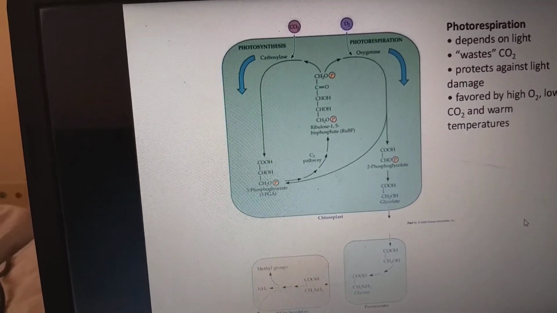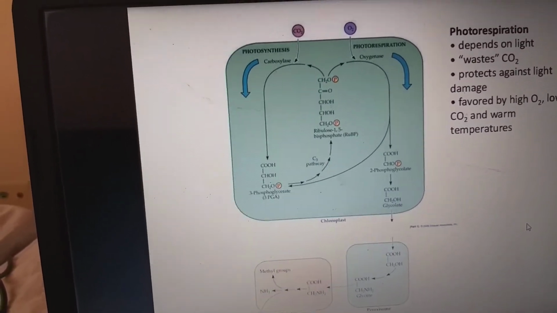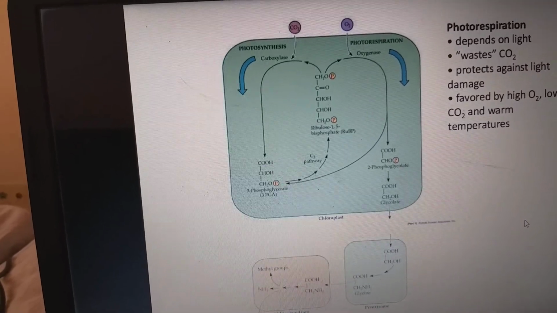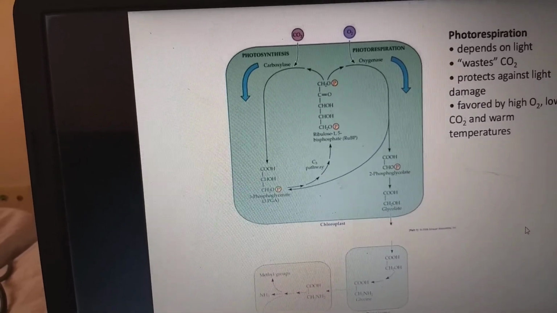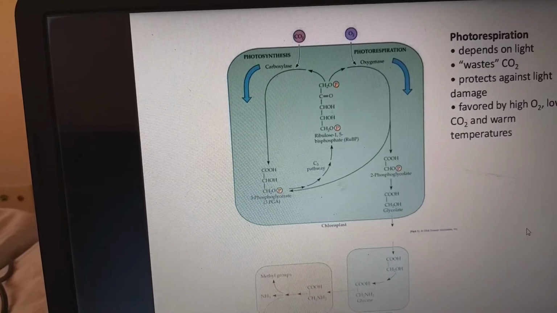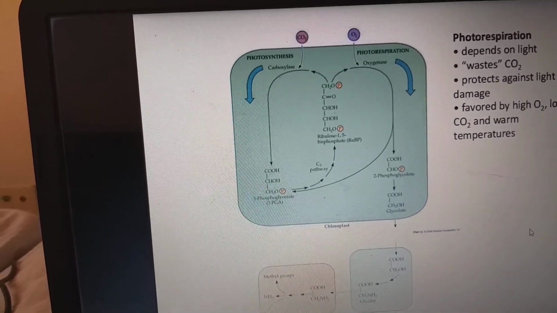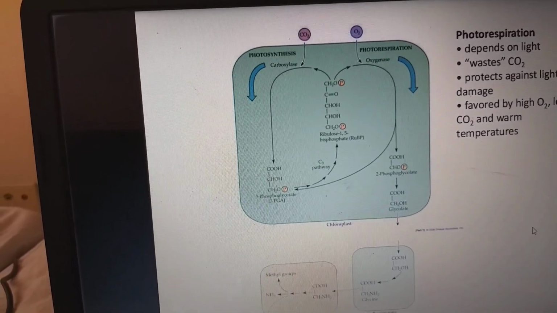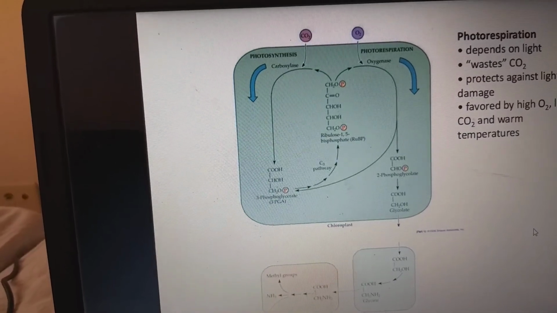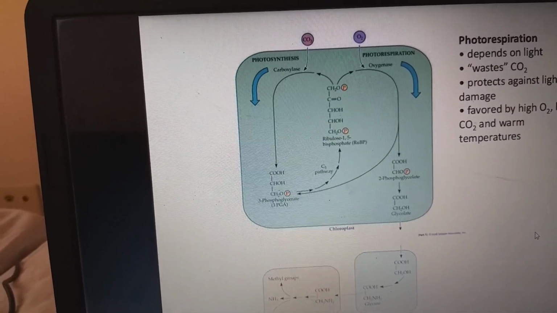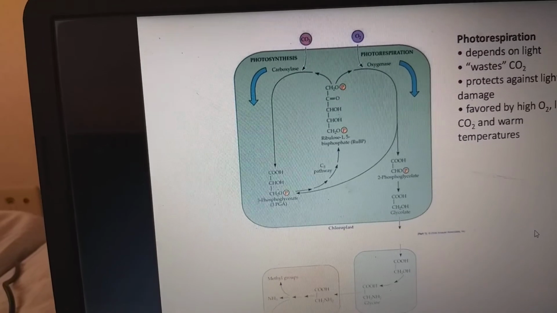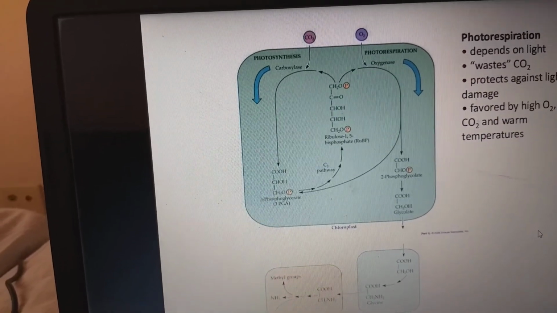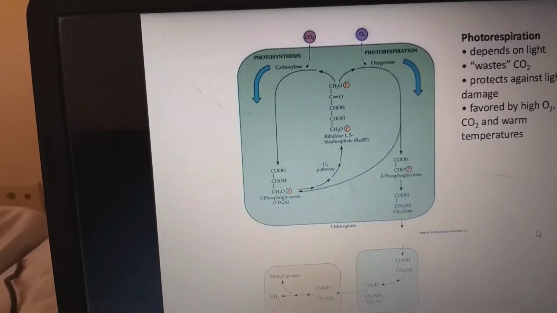So the stomata get closed to avoid huge water loss. If the stomata are closed, there is a lack of carbon dioxide, and oxygen availability is high because oxygen is produced by photosynthetic plants, but the carbon dioxide availability decreases because of stomatal closing. In this case, the plant goes to photorespiration.